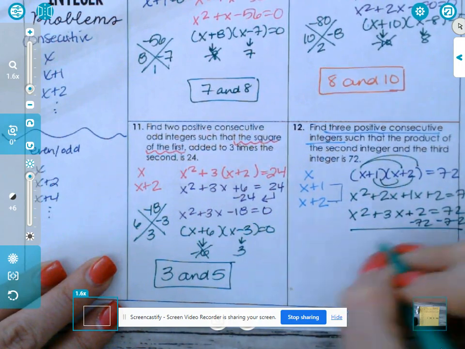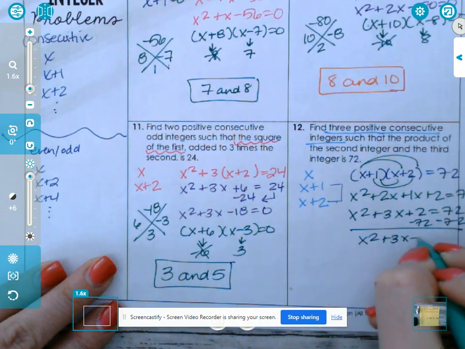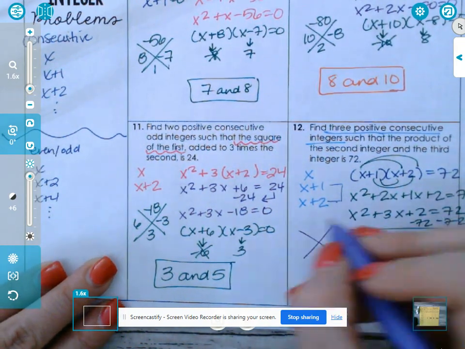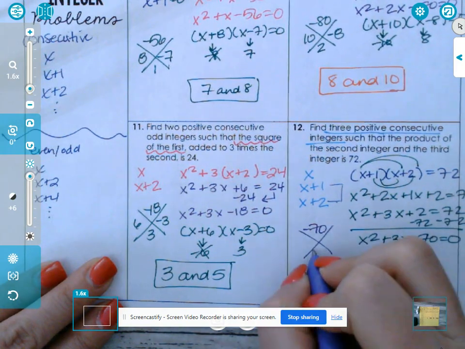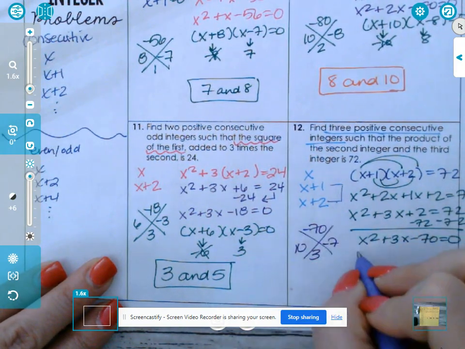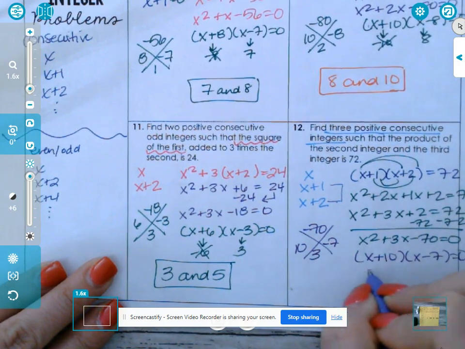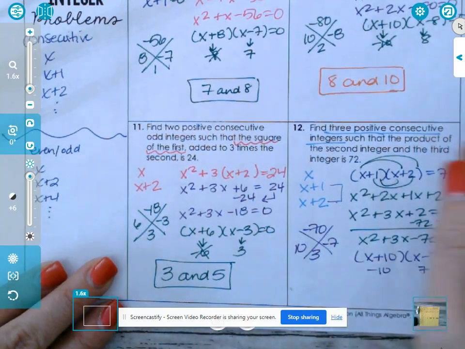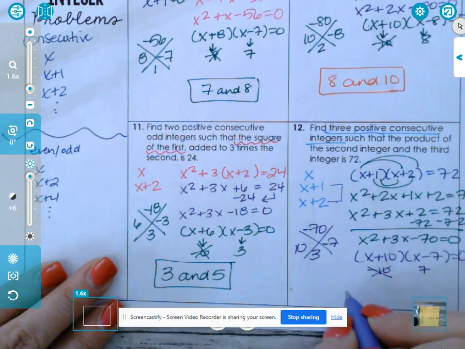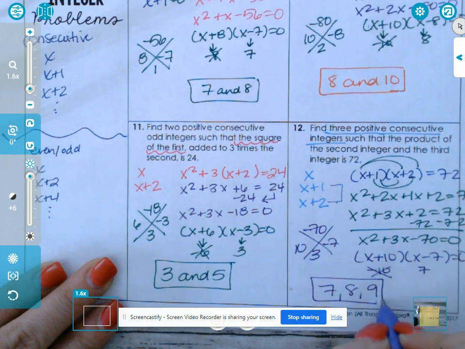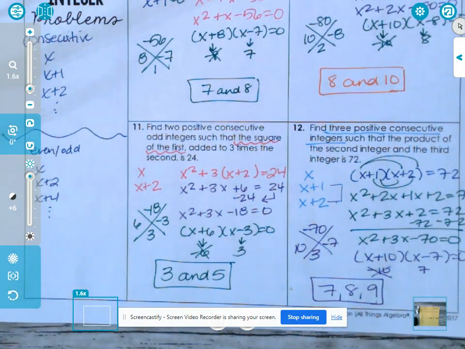Okay, and we want it set equal to 0. So again, we're moving that 72 over. And you're gonna factor. Y'all, we should be so great at factoring and our multiplication by now. We have done so many of these problems in the last 2 weeks. So negative 10 and 7 again. Can't be negative, so it's 7, and it's just consecutive, so it's 7, 8, and 9.